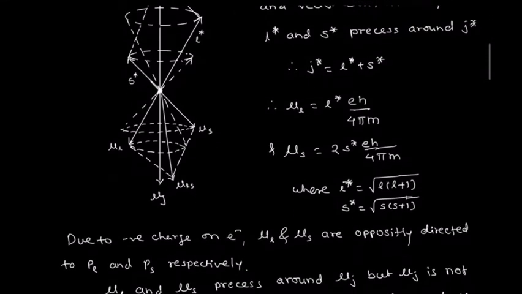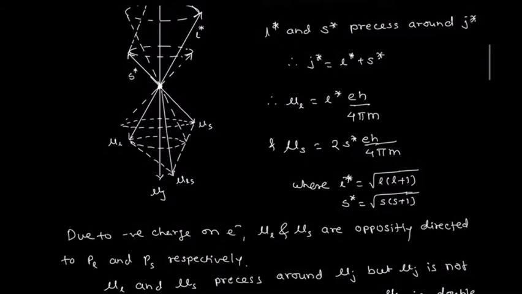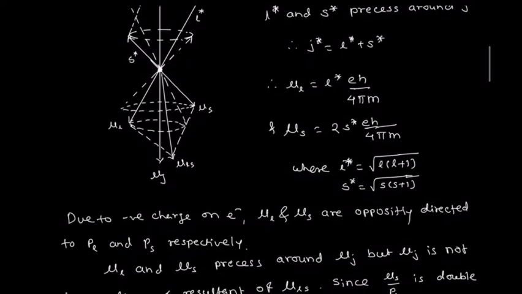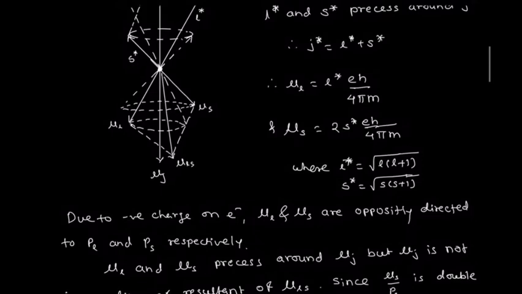Here, mu L and mu S are oppositely directed to PL and PS respectively, and they precess around the resulting vector mu J, but that resulting vector is not in the line of the resultant of the total magnetic moment due to mu L and mu S.